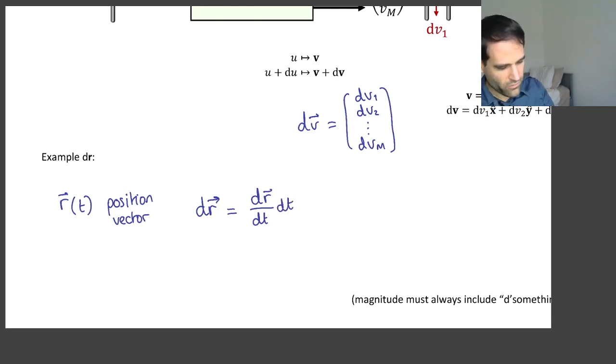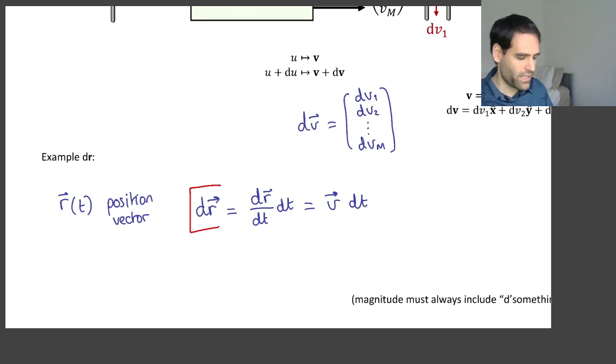Okay, so how much does r change when I change t, multiplied by how much I changed t, and this gives you dr. But one way of writing this is that this is equal to the velocity times dt, because dr divided by dt is equal to a vector, which is the velocity. Okay, so you could say that dr, the differential displacement, is equal to the velocity times the differential of time, so v dt. And it's very useful to work with this.